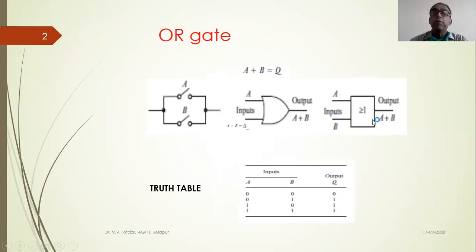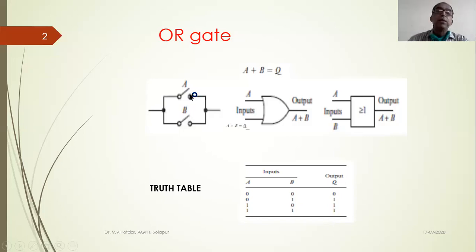Now, what is the equation for OR gate? For AND gate, it was A dot B is equal to Q. Now for OR gate, it is A plus B is equal to Q. Now see, through the switching diagram, we can understand it. OR gate: either A or B, if those are on, I can get the output as on, right?